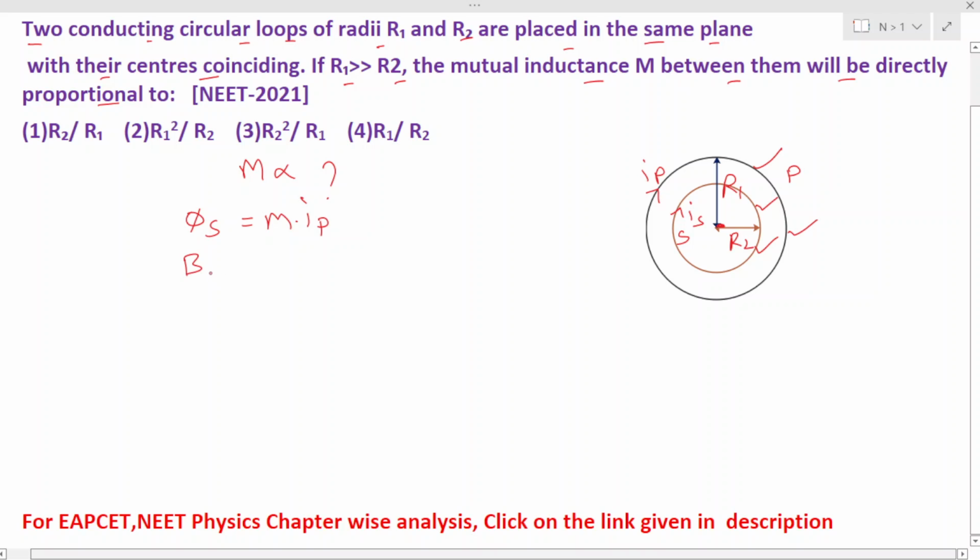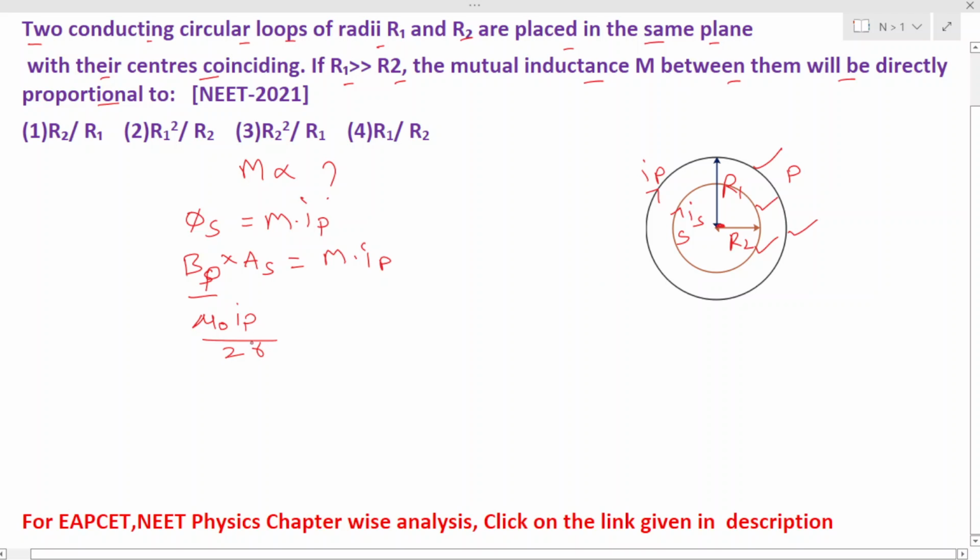So this phi s can be written as the magnetic field at the secondary coil because of the primary coil into the area of the secondary coil, that is equal to M into Ip. The magnetic field because of the primary coil, Bp, if it is one turn, N is equal to 1, is mu naught times the current flowing through the primary coil Ip by 2R.